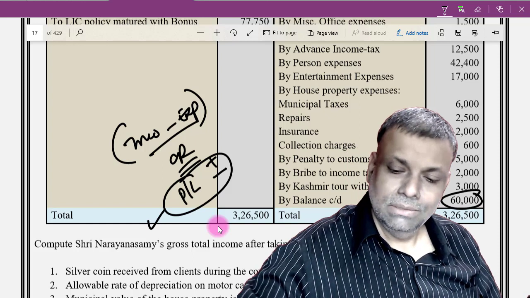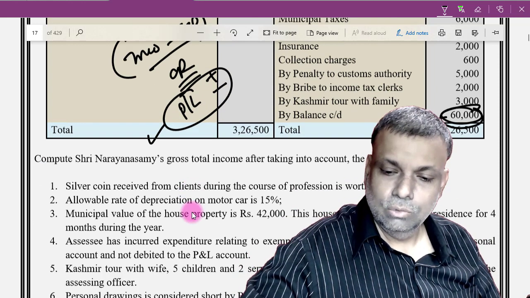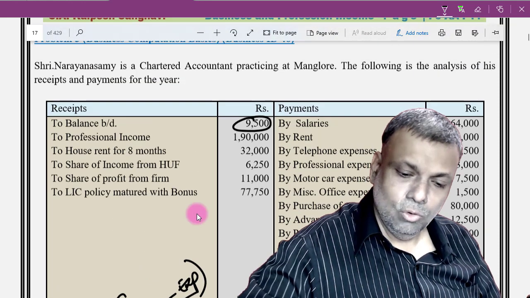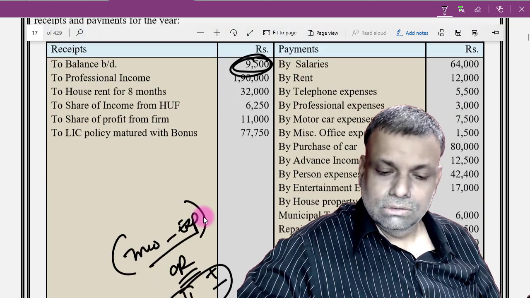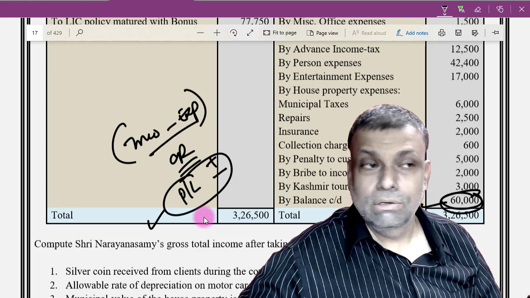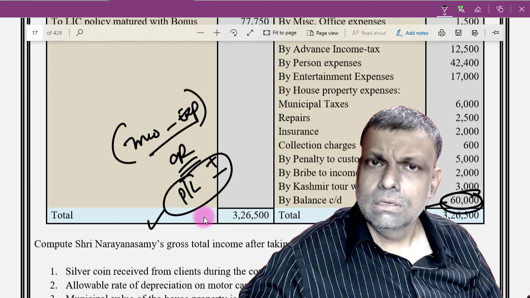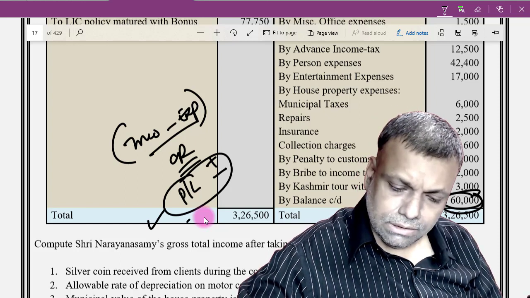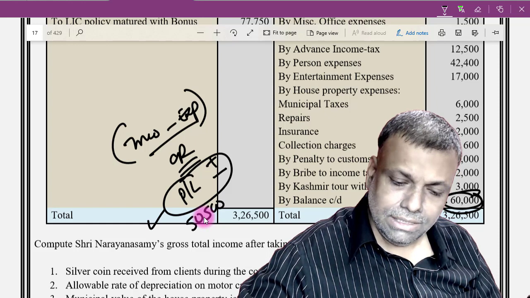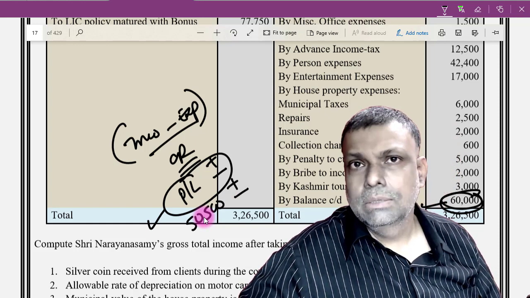So what I can do is take the closing balance, that is 60,000, and the opening balance of 9,500. I can say that the surplus in the receipt and payment account is 60,000 minus 9,500, so it is going to be 50,500, and to this I will do all the headwise adjustments and present my answer.